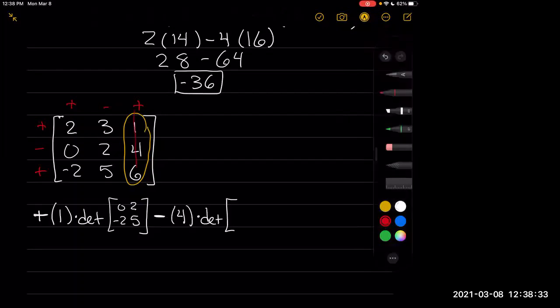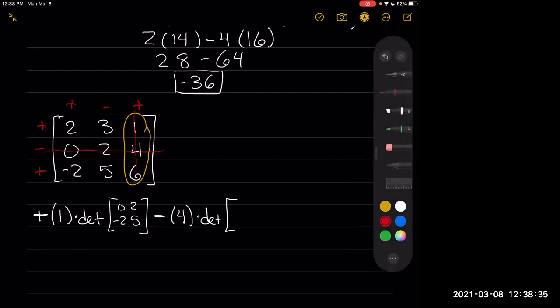We cross these out, and our submatrix will be 2, 3, negative 2, 5. And then the last sign is a positive again for our 6 times the determinant of, and if we cross these out, our submatrix is 2, 3, 0, 2.